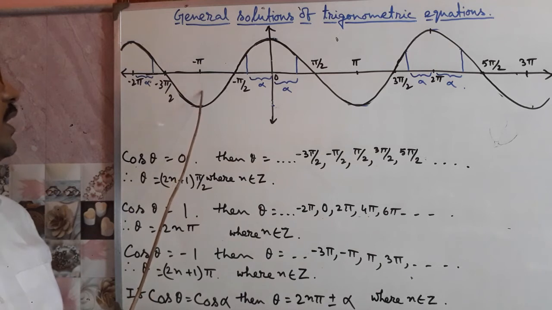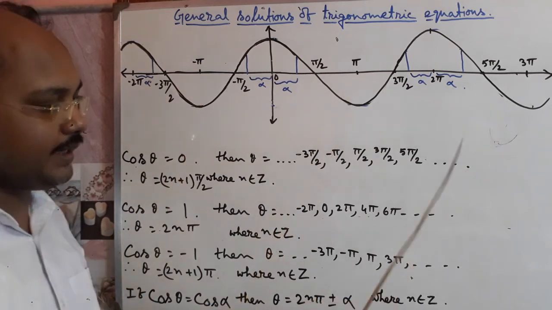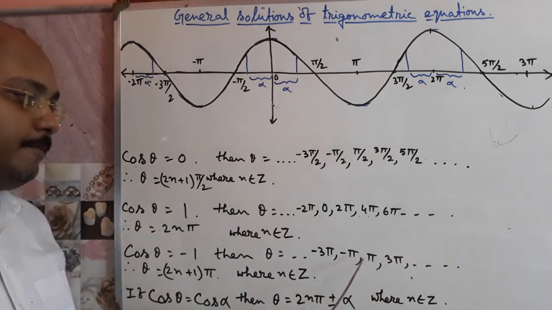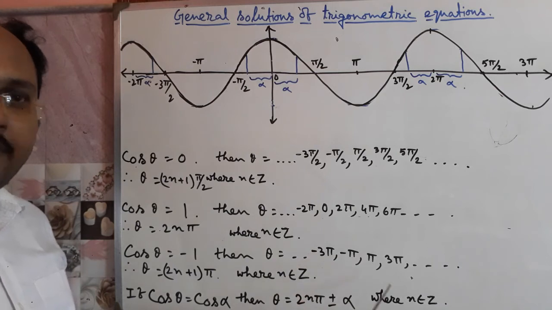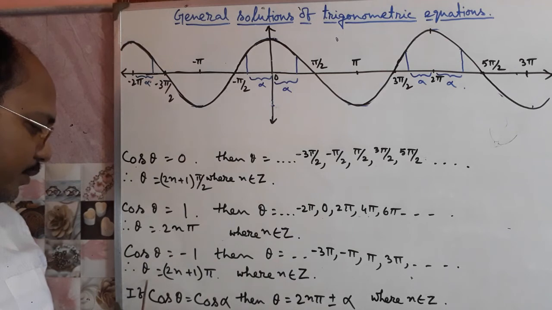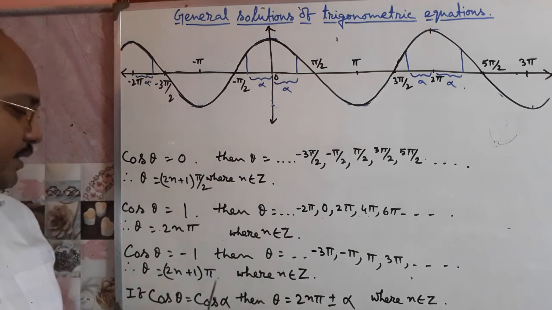You see, for minus pi, pi, 3 pi, the coefficient of pi again is an odd number. So if cos theta is equal to minus 1, then theta will be equal to (2n plus 1) into pi where n belongs to Z.